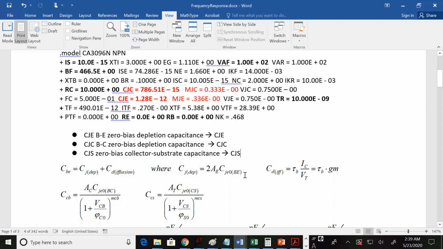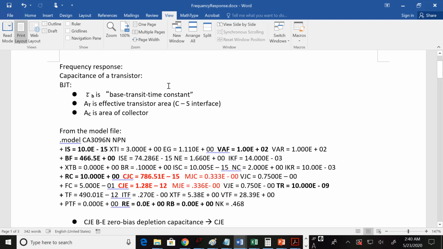Okay. And there's actually another part. Just like in that forward biased junction, the base emitter junction, when you change a voltage, it takes some time for the electrons to travel, and that is this TF, which is your base transit time constant, and it is this one right here. So I should highlight that.